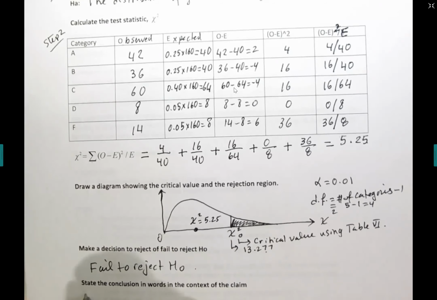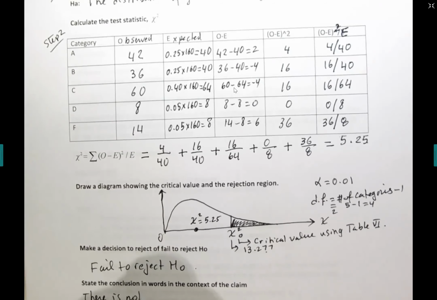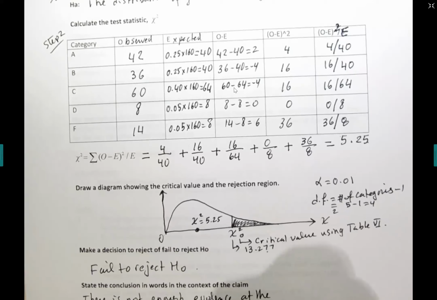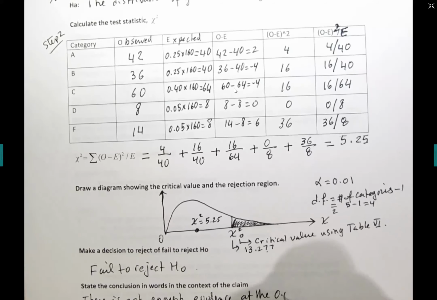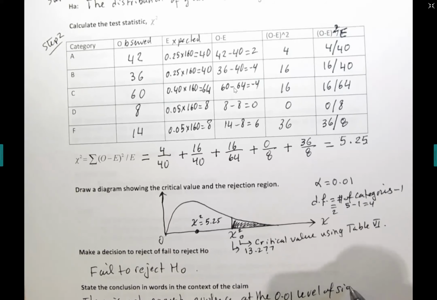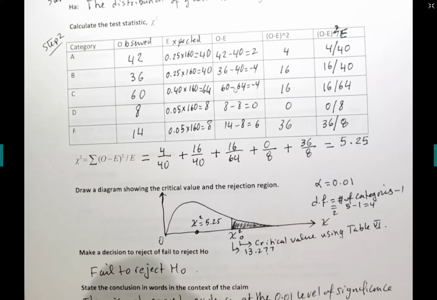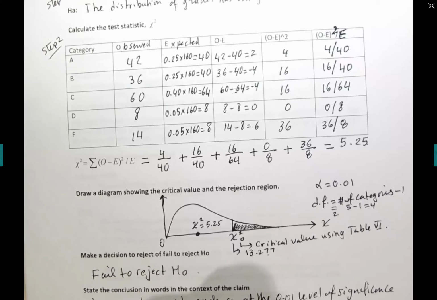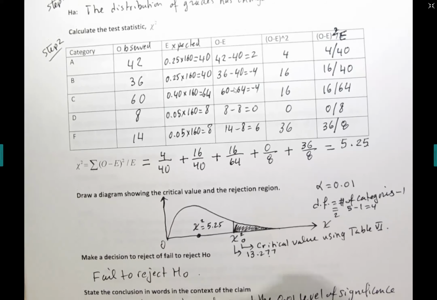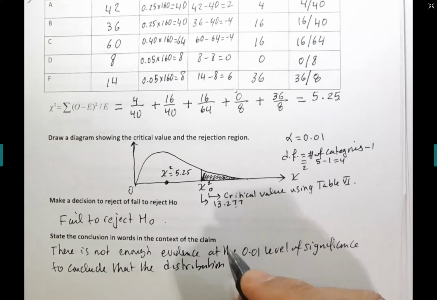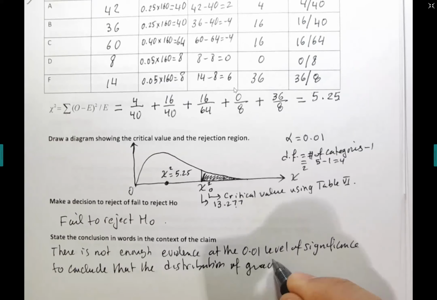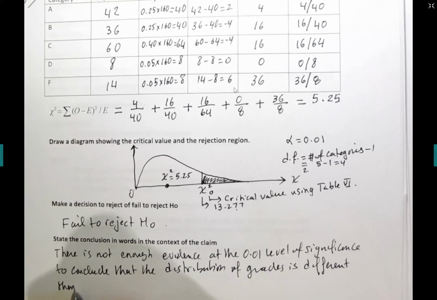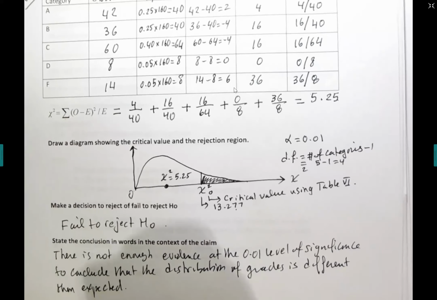So you start: there is not enough evidence at the 0.01 level of significance to conclude that the distribution of grades is different than expected. And that concludes the problem.